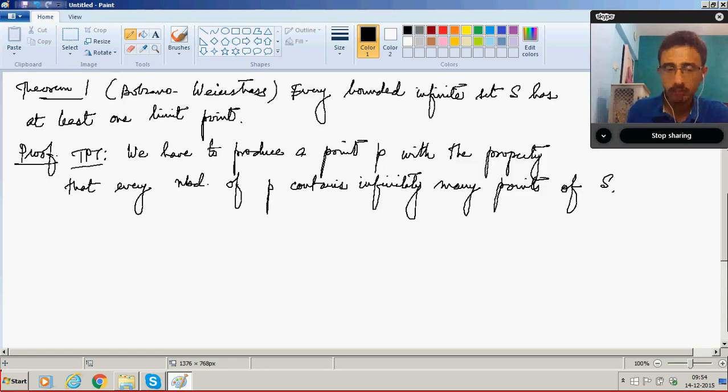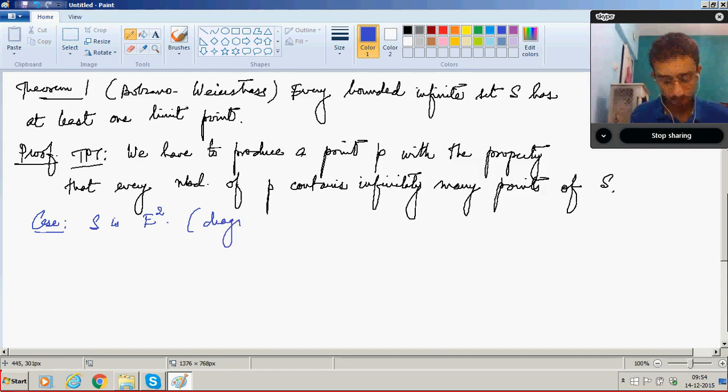So we take a simple case first. We take a case when S is in E2. This is the Euclidean space, because we can use diagrams, which I have been telling you since many years. Diagrams are always useful.